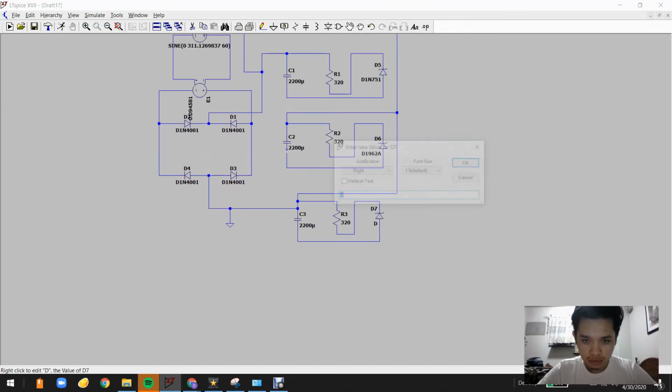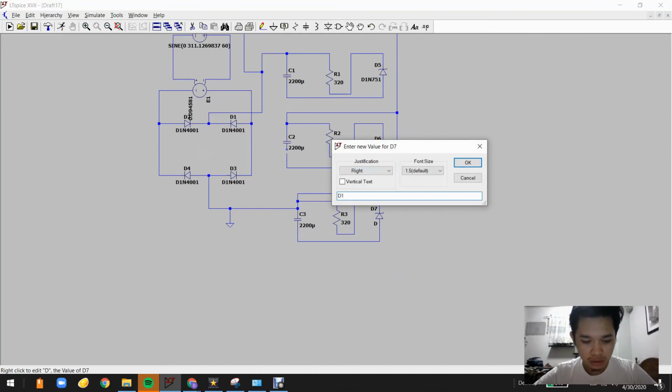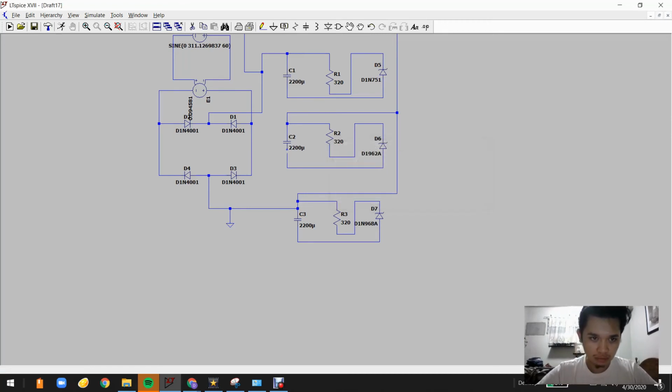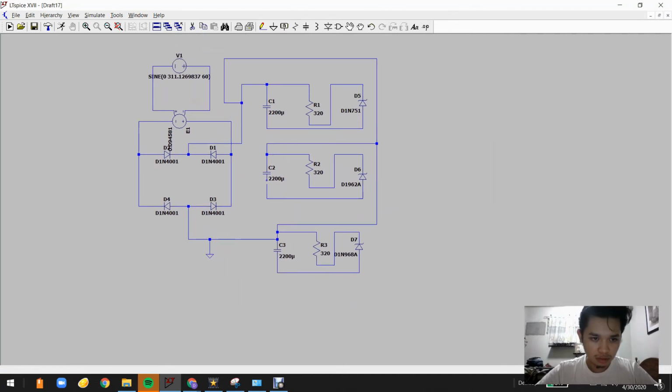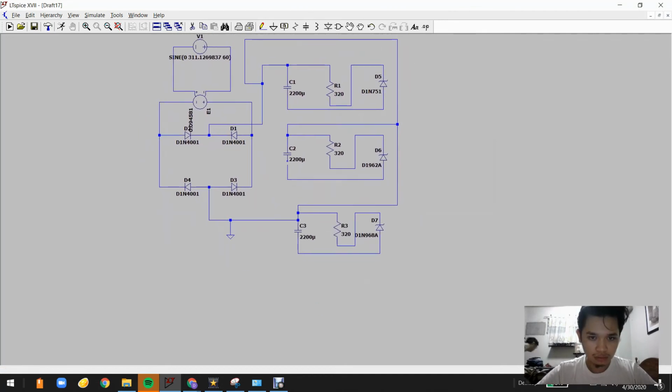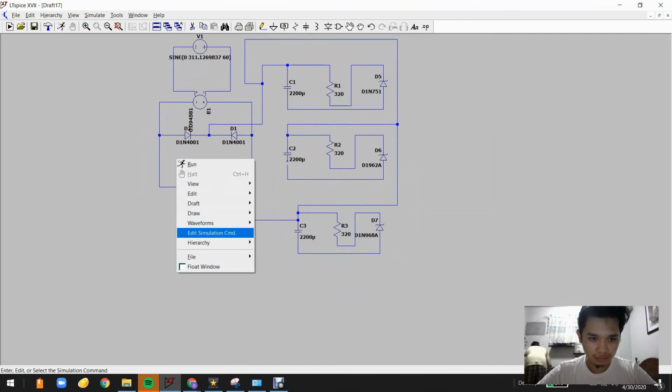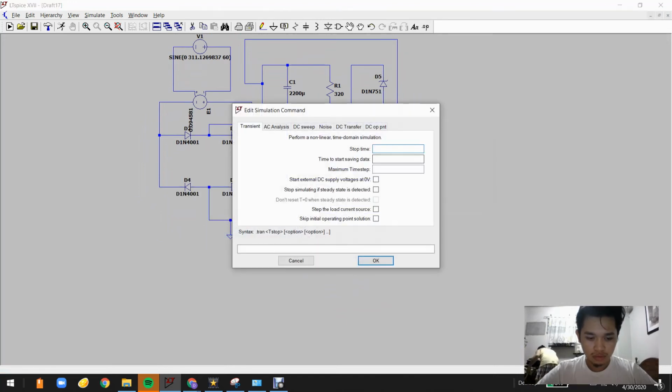For this one, we're gonna have a diode D1964, 68A. Oh wait, yeah. Now with all that set, transmission time of D. Oh no. 100, 500 M.